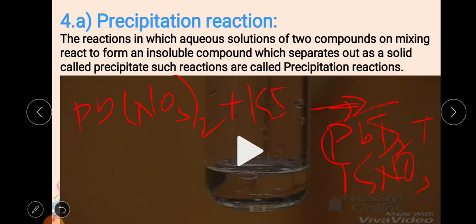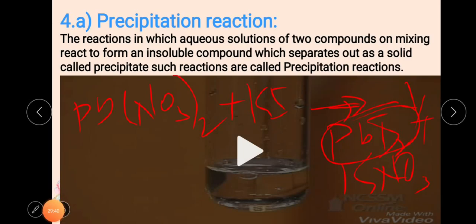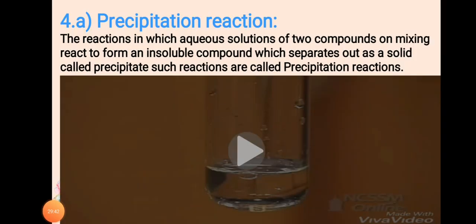This PbI2 is called a precipitate, shown by a downward arrow mark. It was insoluble in the test tube. That insoluble compound is called a precipitate, and reactions that form it are called precipitation reactions. Let's watch the video to understand the precipitation reaction clearly.